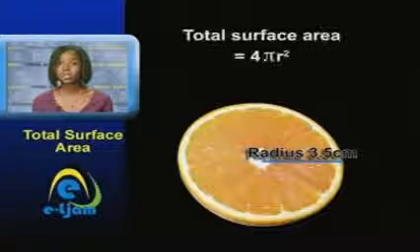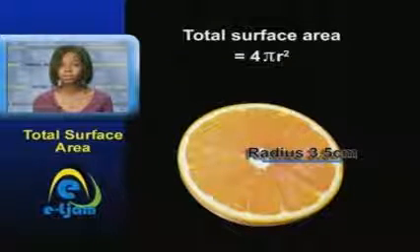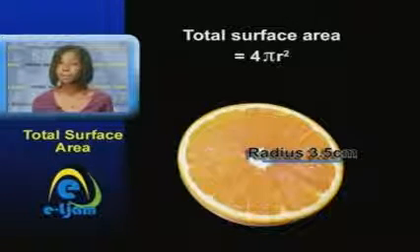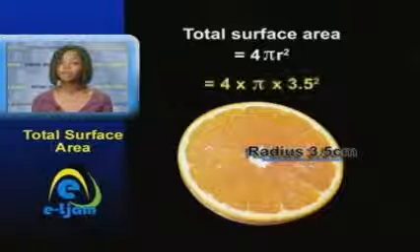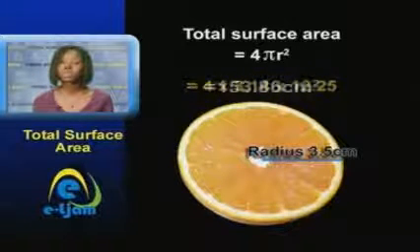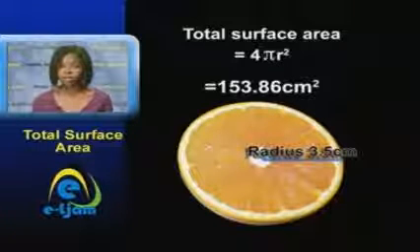Due to its circular nature, the orange has a total surface area formula which is equal to 4 pi r squared. So after we find the radius of the orange, which happens to be 3.5 centimeters, we can find the total surface area of the skin, which is 153.86 centimeters squared.